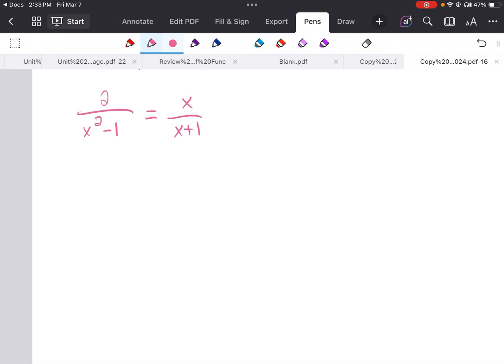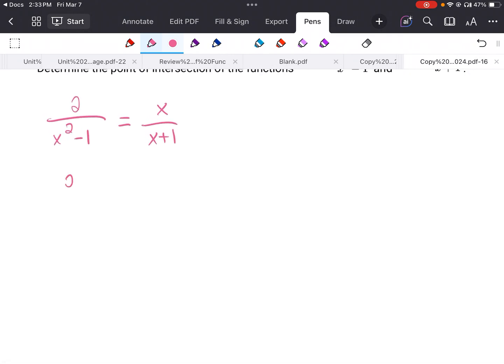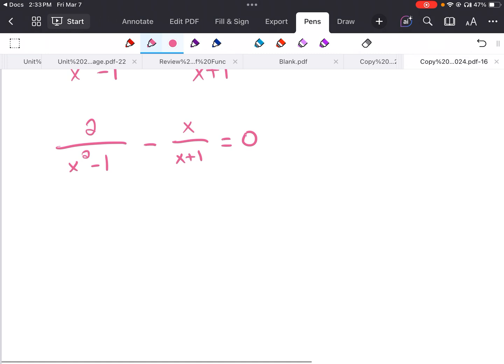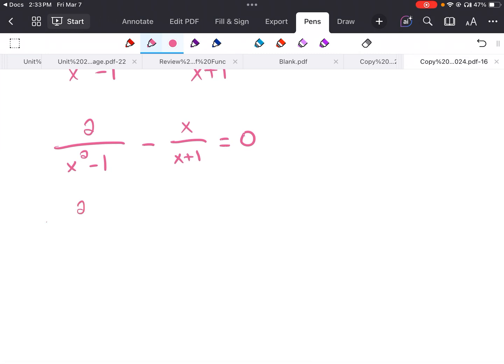So in order to solve, they have to be on the same side of the equal sign. So we're going to move them both to the left, and by moving that positive fraction, it becomes a subtraction question. Okay, now we're going to factor the first denominator because it's a difference of squares.